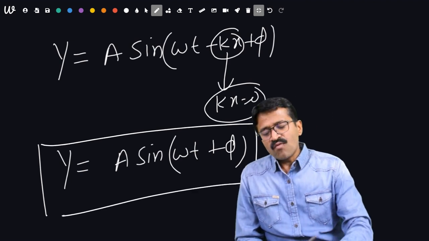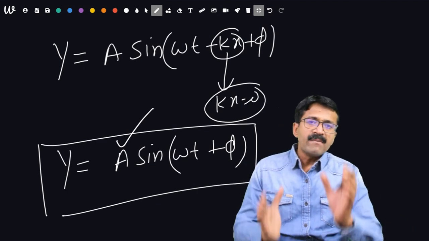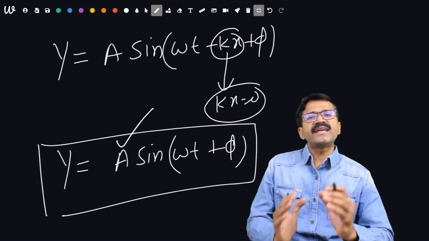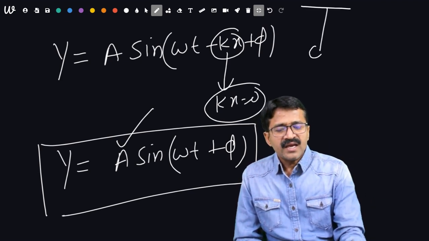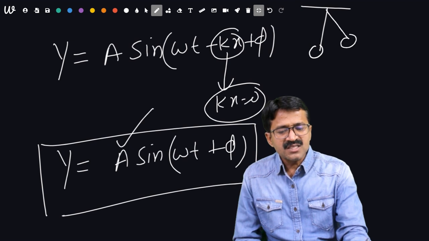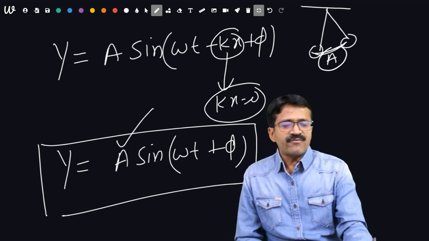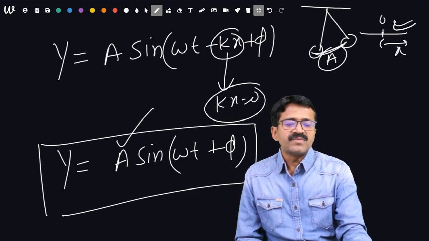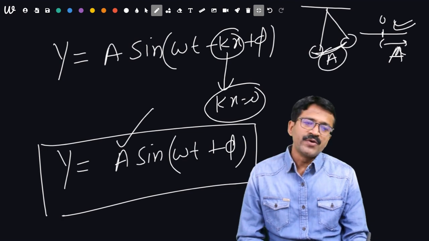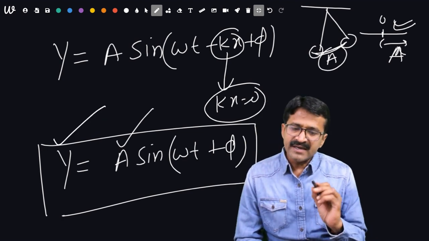Question arises, what about A? It is the amplitude. Amplitude is the maximum displacement taking place from the mean position. This is the mean position and this is the maximum displacement. If it is linear, then the maximum displacement from the mean position is A. This is the amplitude.